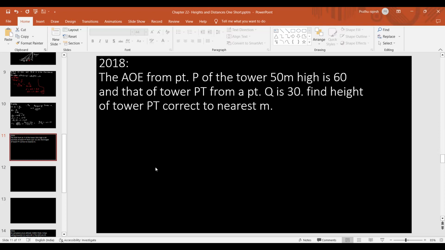So I will give you 1 or 2 minutes to solve this problem.